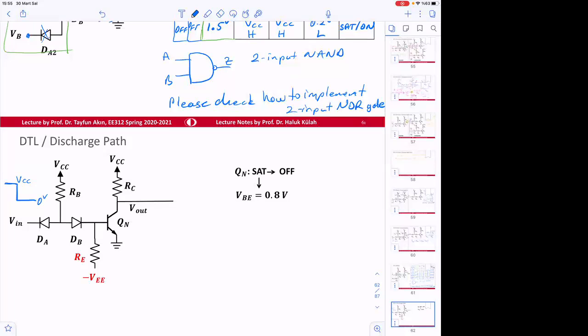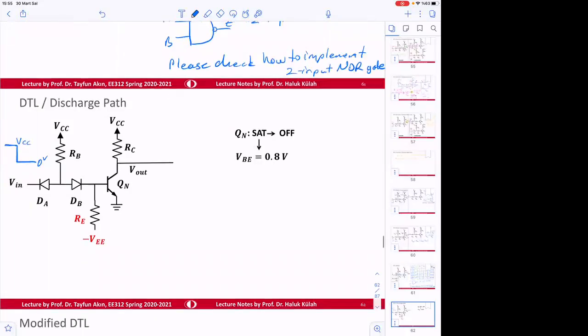So when this happens, initially the diode here would be off, but then it goes to on. This diode used to be on, and it goes to off. And then this transistor, initially, used to be in SAT, then it needs to go to off.